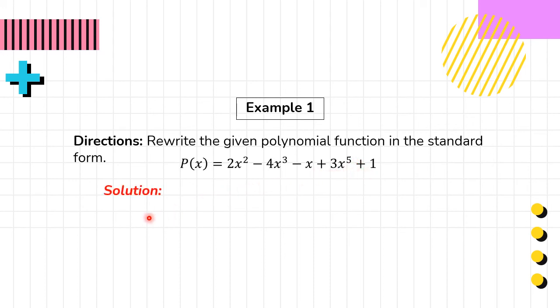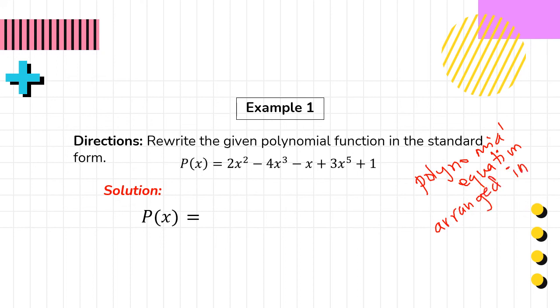So, yung paraan ng paggawa natin for the solution, unahin natin yung nasa unahan niya, which is p of x, then the equal sign, followed by, pag sinabi nating standard form, these are polynomial equations arranged in descending order. Okay po? So, pag sinabi natin standard form, kailangan naka-arrange siya in descending order.